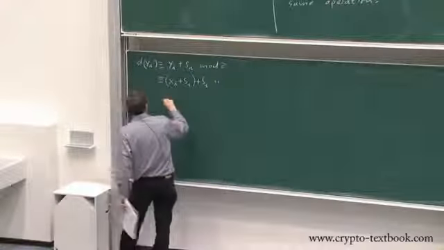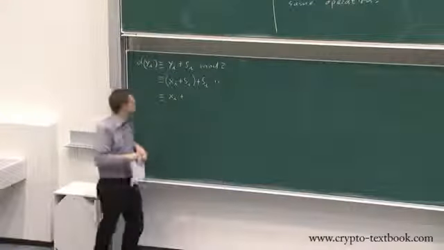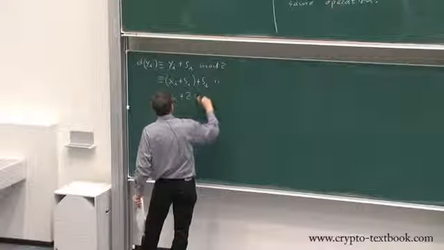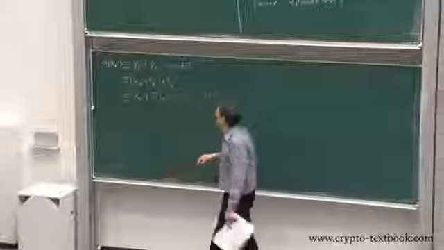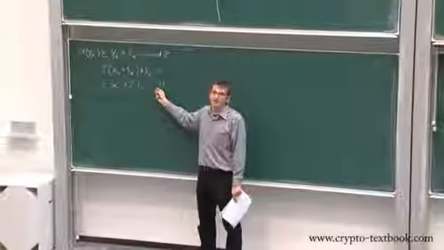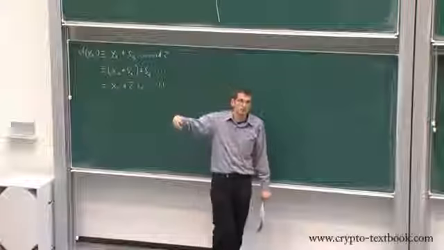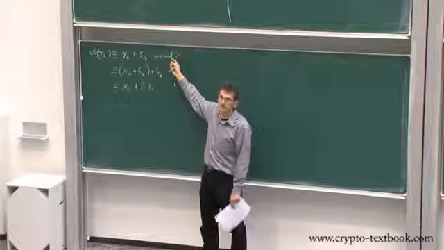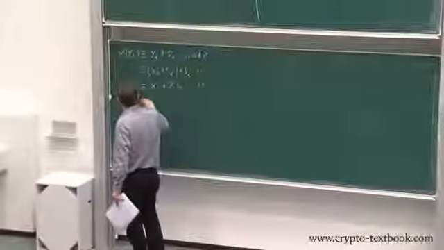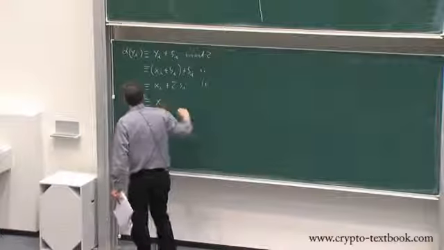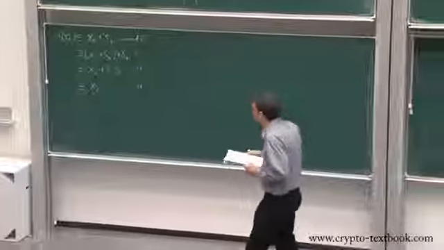And this, of course, can be rewritten as xi plus si plus si, which is xi plus 2si. But the whole equation is evaluated modulo 2. What is 2 modulo 2? What happens if you divide 2 by 2? What is the remainder? 0. That means this 2si is always 0, okay? So this is xi. That's a proof that encryption and decryption are the same operation.